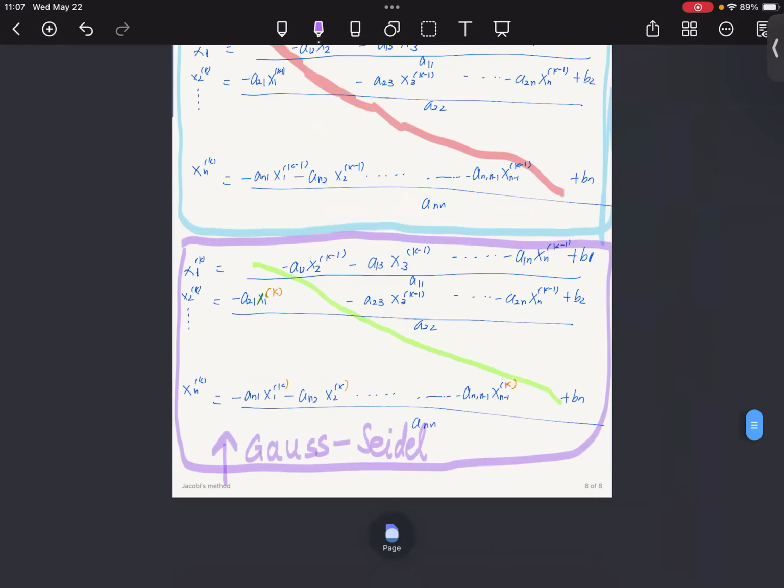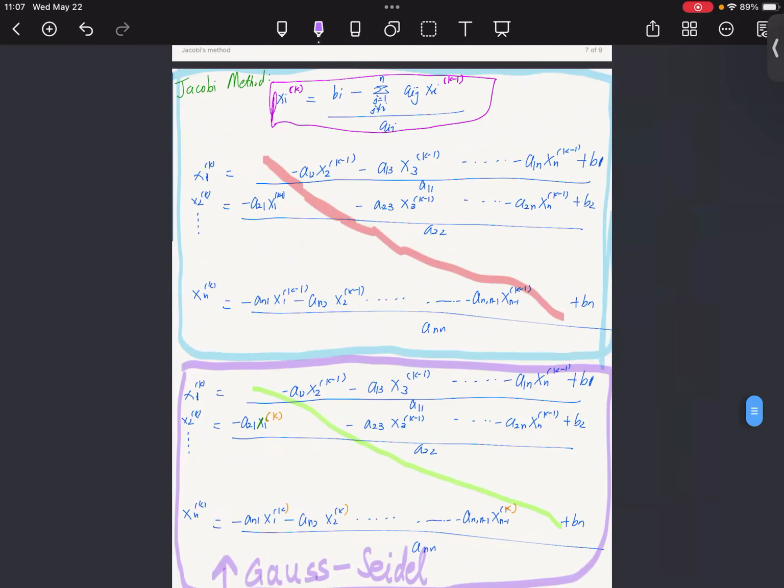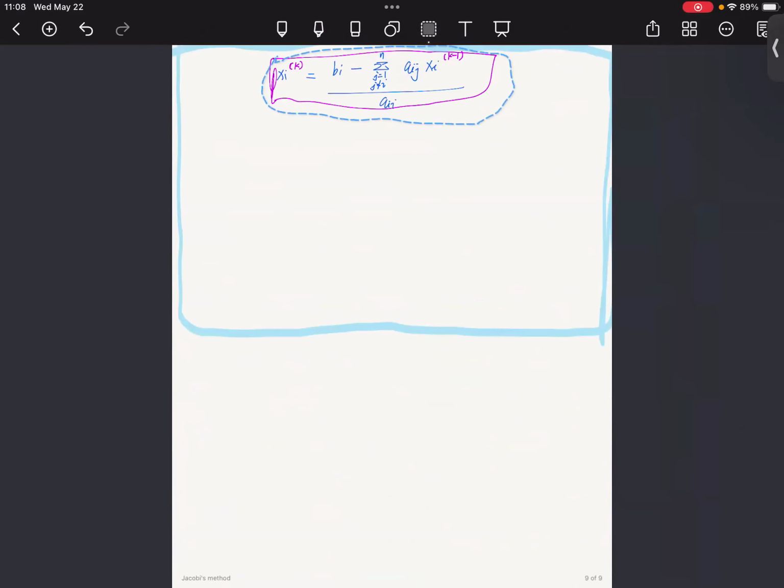And if I want to write down all this system of formulas into one expression, I can write it this way. I'm just copying down this formula first because it's just one small change. That's this one.